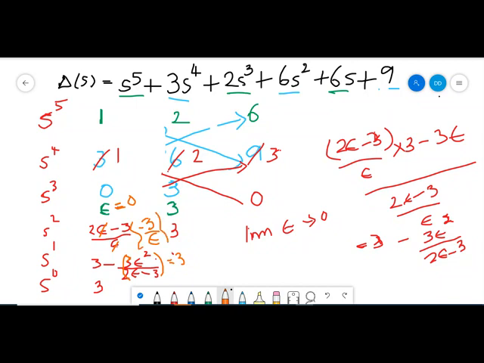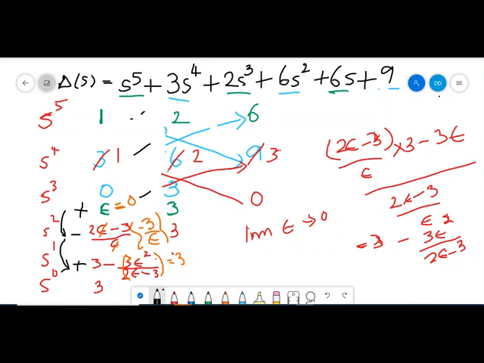If we consider the sign over here, we can see that the first is positive, this is positive, this is also positive. From s square, you see this is negative. This is positive, s square is negative, and this is again positive. That means positive to negative is one sign change, negative to positive is the second sign change.